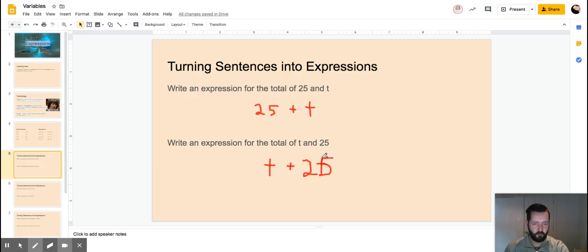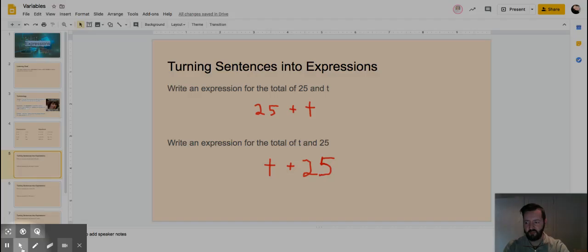Oh boy, now that looks like a Greek letter. There. Close enough for me. If you write t plus 25, you will also get that question right. So when you're dealing with addition expressions, order doesn't matter. It doesn't matter whether you put the number or the letter first. So that's just a helpful little life hack there that might get you through IXL a little quicker.